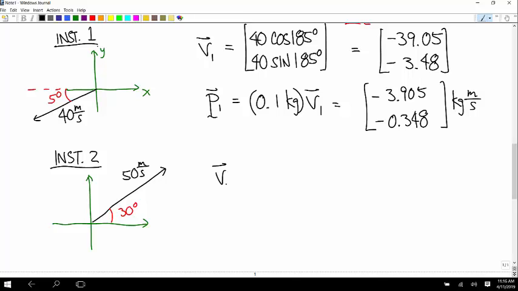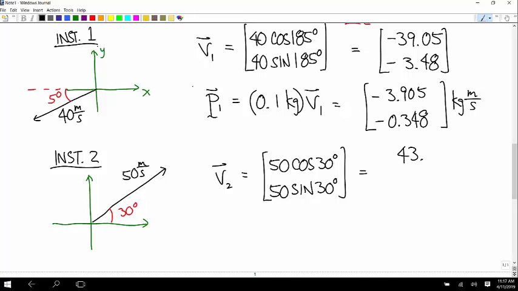And so the velocity vector at instant 2 is 50 times cosine and sine of 30. And that is 43.3 and 25.